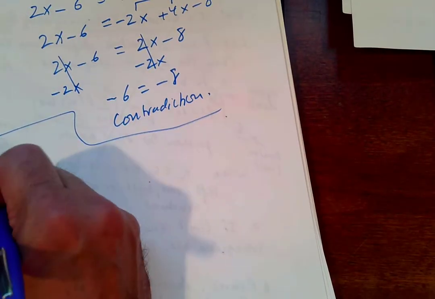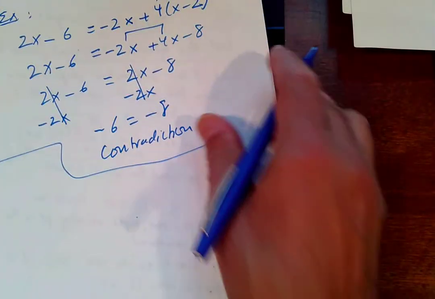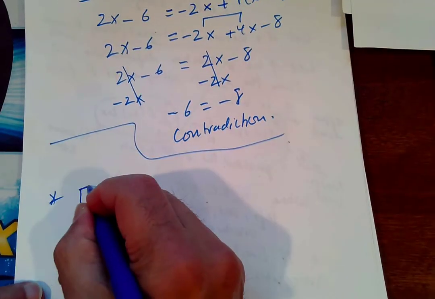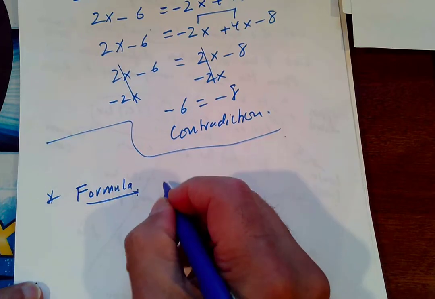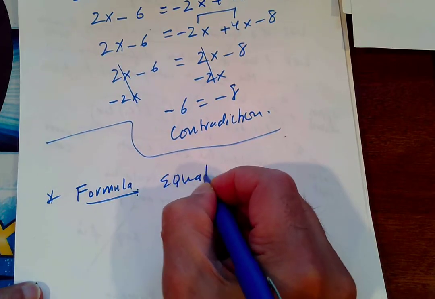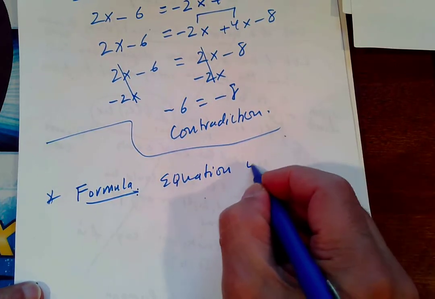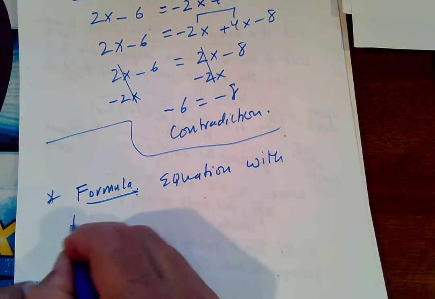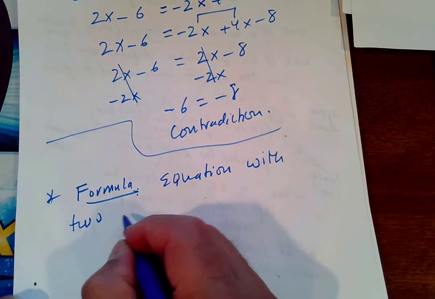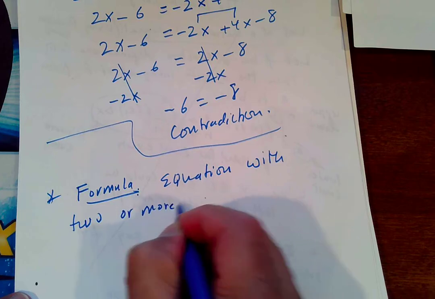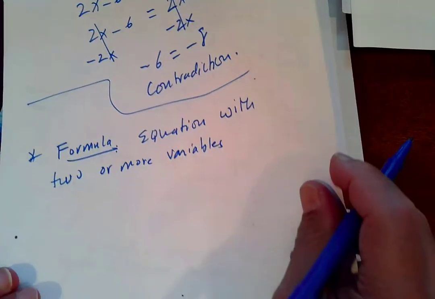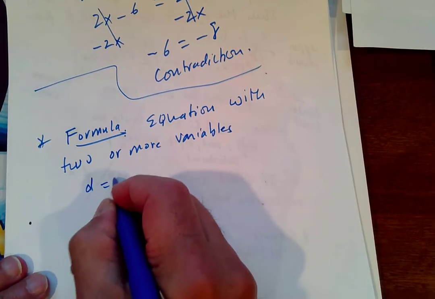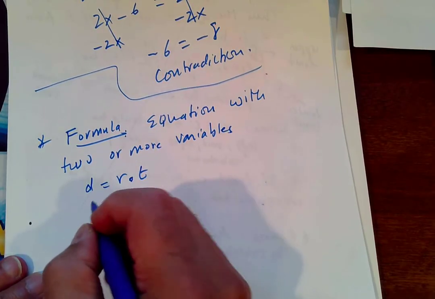So another concept in this section is formulas. What we mean by a formula, it's an equation with 2 or more variables, like the distance formula: distance equals rate times time.